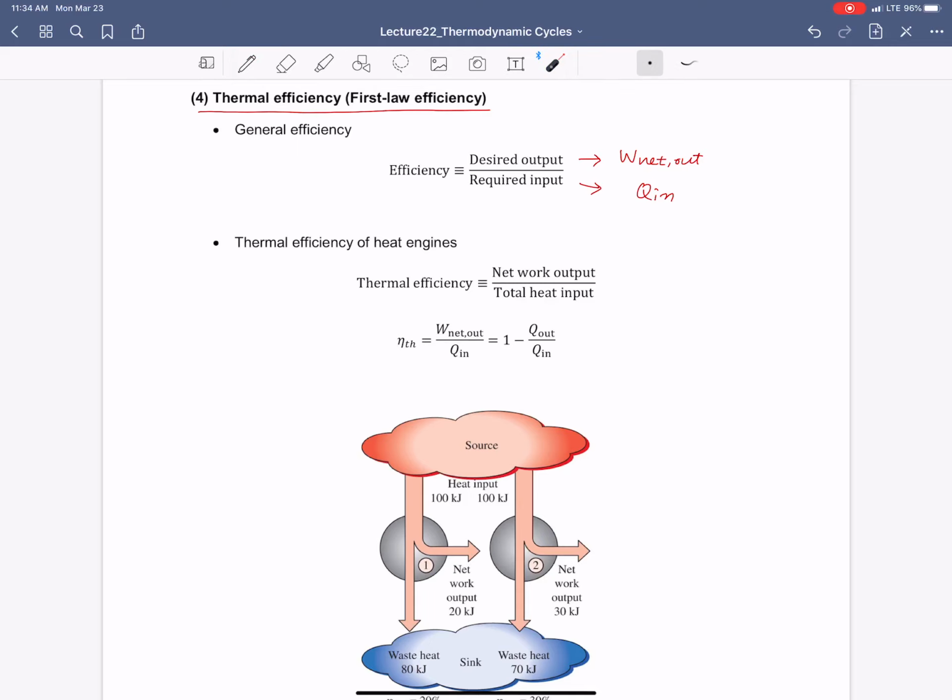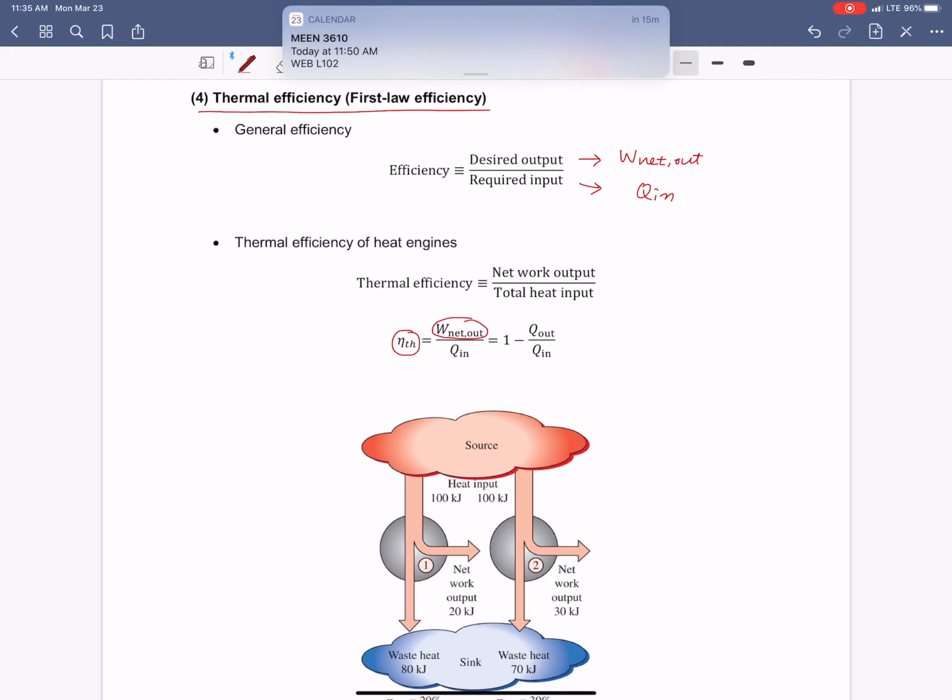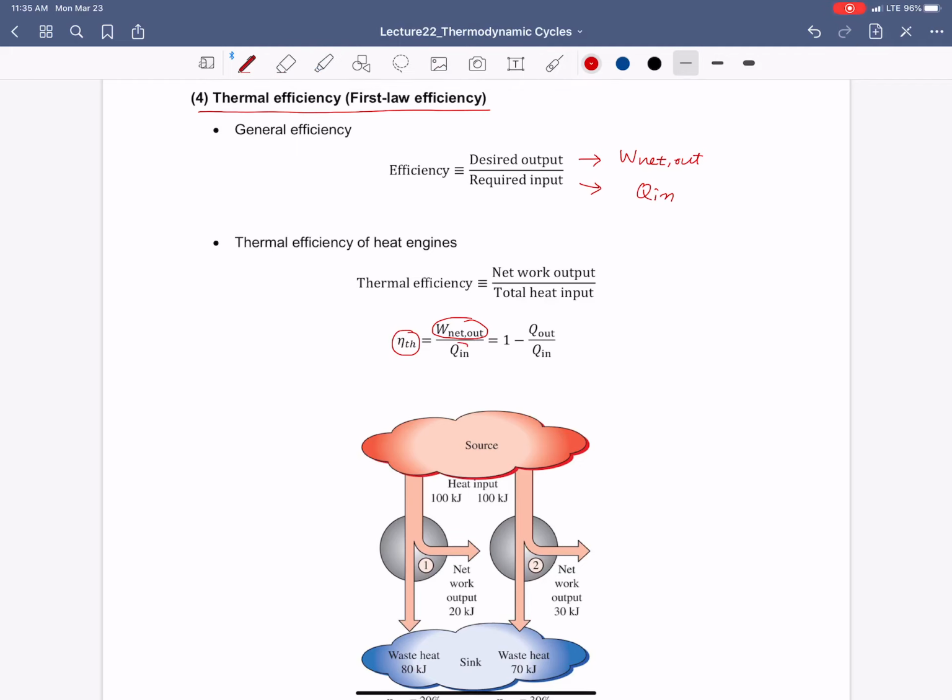Now, with that being said, the thermal efficiency of heat engines is defined as this equation. We basically compare how much net work is produced from this heat engine when we have a certain heat input to the heat engine cycle. In terms of equation, we usually use η_th, which equals the amount of W_net,out divided by the amount of heat in.